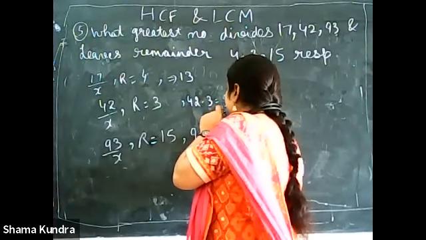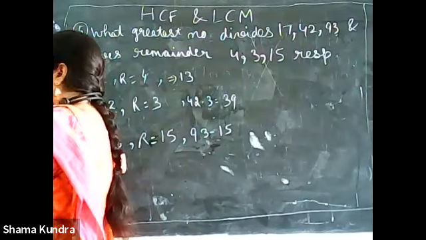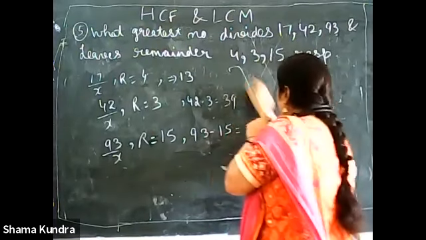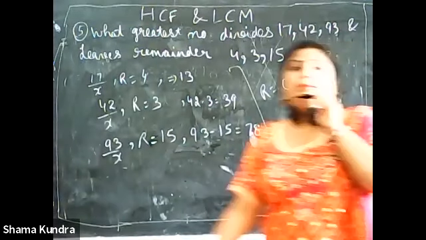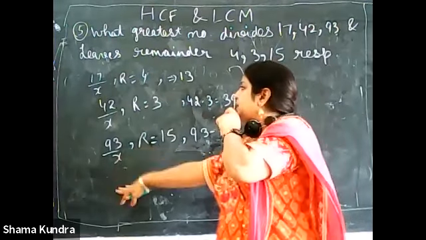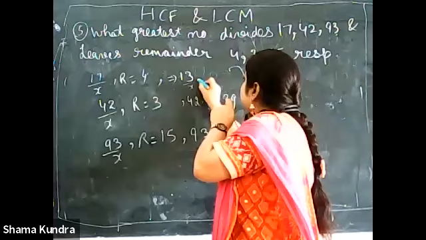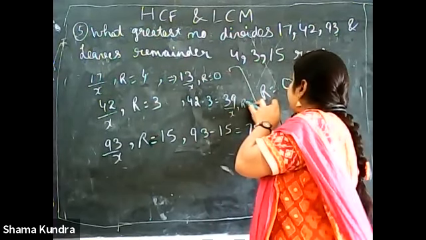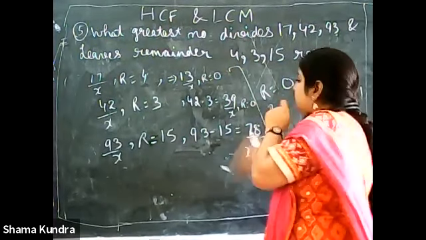When I remove remainder 15 from 93, it will be 78. Means all these three numbers give remainder 0. After removing remainders, you get these numbers, and when you divide 13 by x, the remainder is 0. When you divide 39 by x, the remainder is 0. When you divide 78 by x, the remainder is 0.